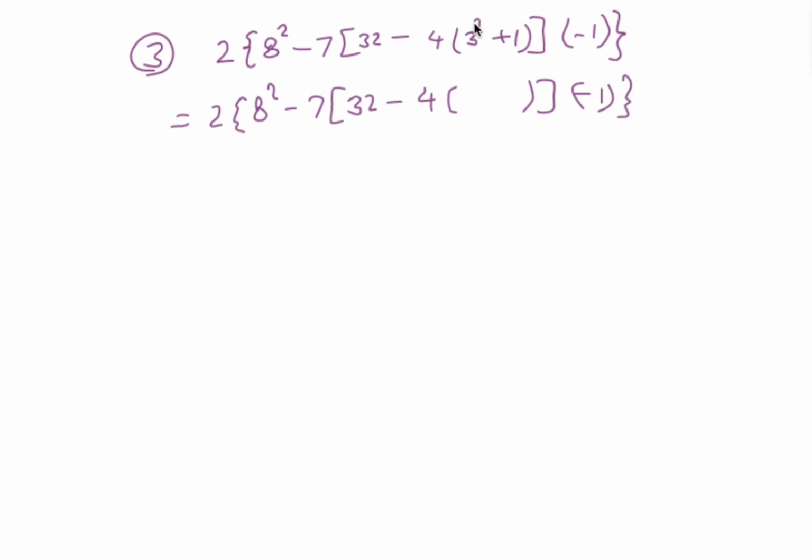So here exponent and addition, so we do exponent first according to PEMDAS. 3 square, which is 9, and this is 1. Okay, now 8 square minus 7, 32 minus 4, and now we can simplify this parenthesis, 9 plus 1, 10.